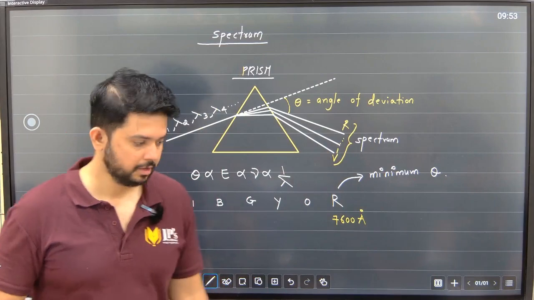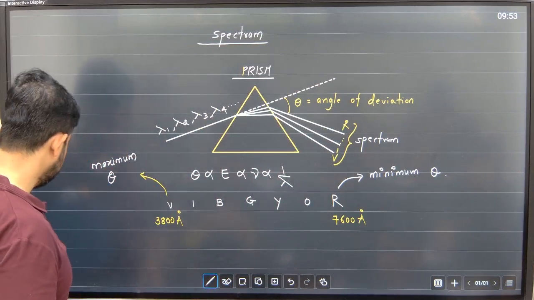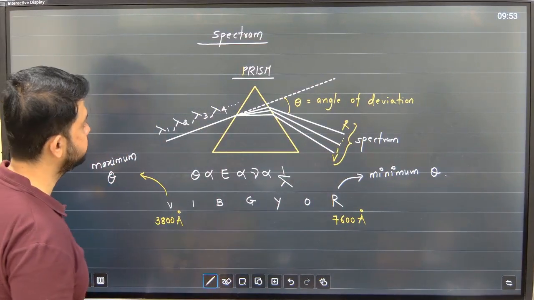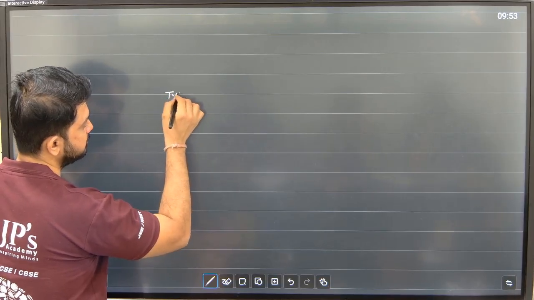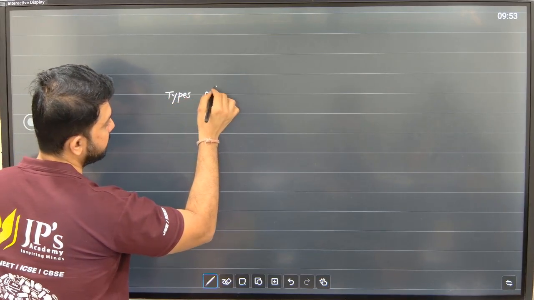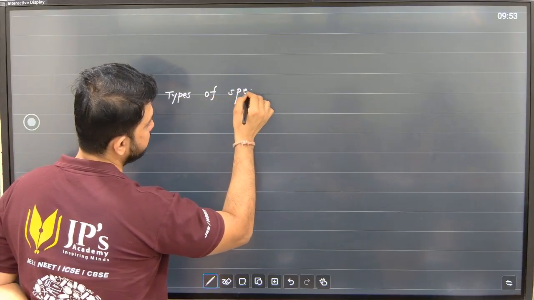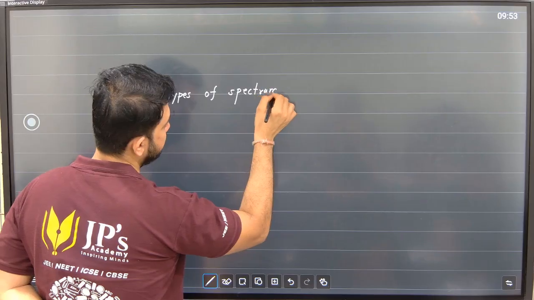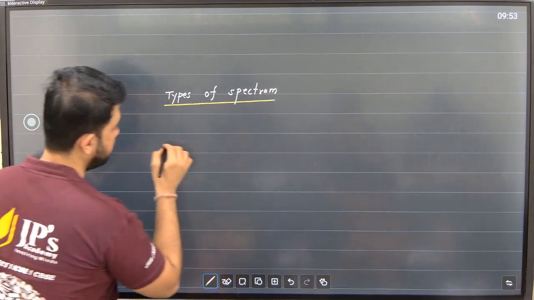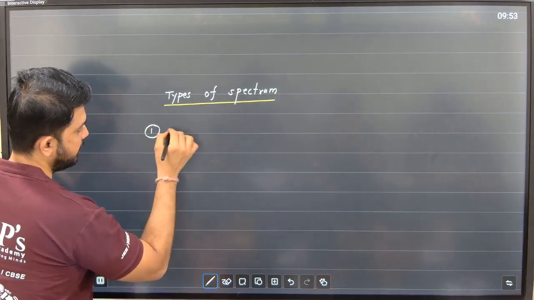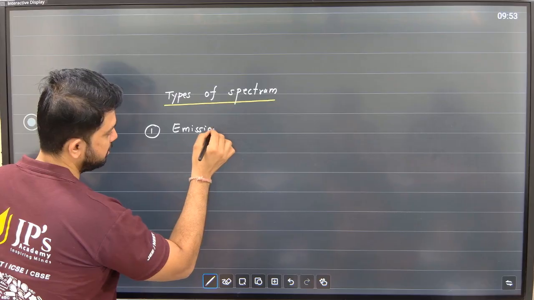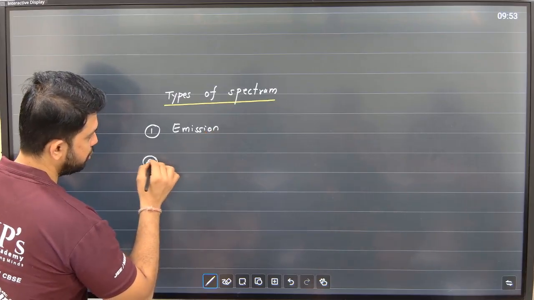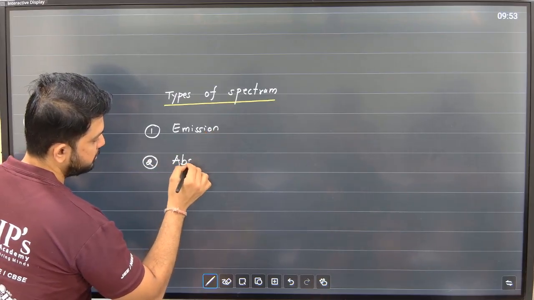Now we continue with types of spectrum. Now people, there are two types of spectrum. The first type that we have is called as emission spectrum, and the second type that we have is called as absorption spectrum.